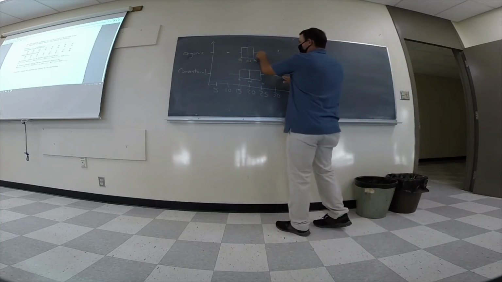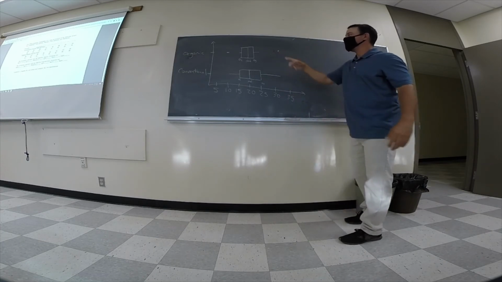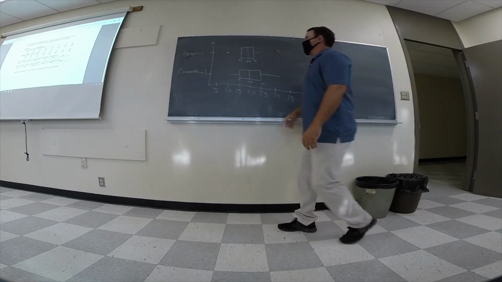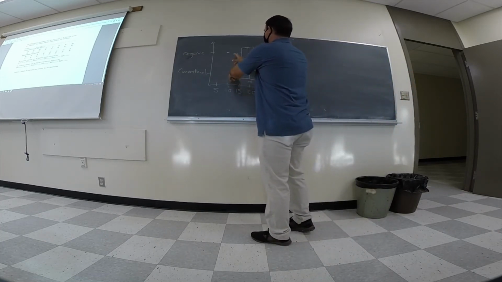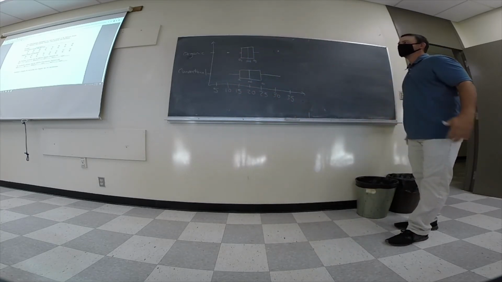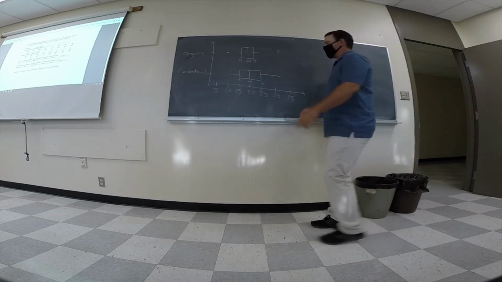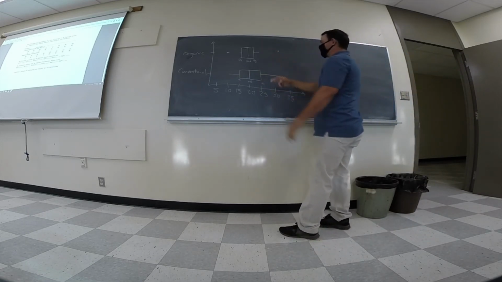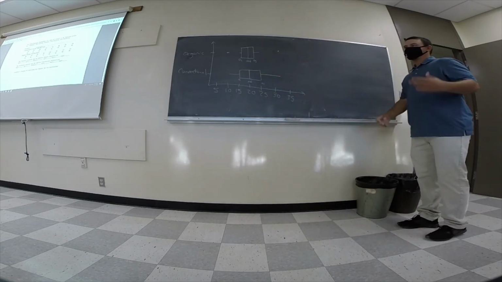This whisker beats out this whisker, even though I've got this outlier point. And this whisker is a little bit lower than this one, but you do have that outlier point to kind of offset that too.